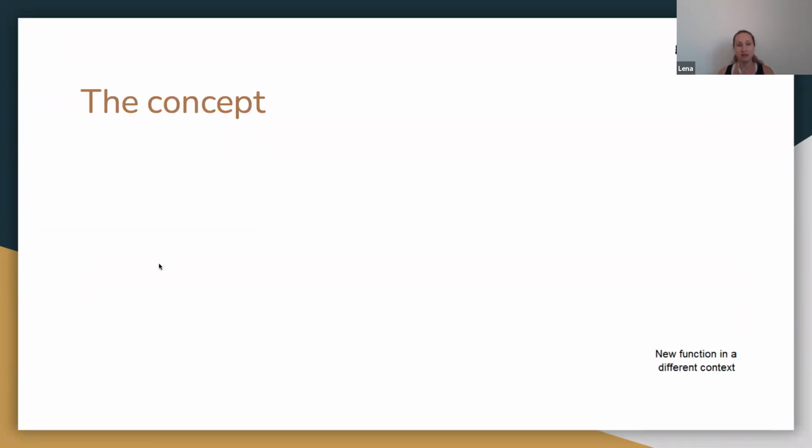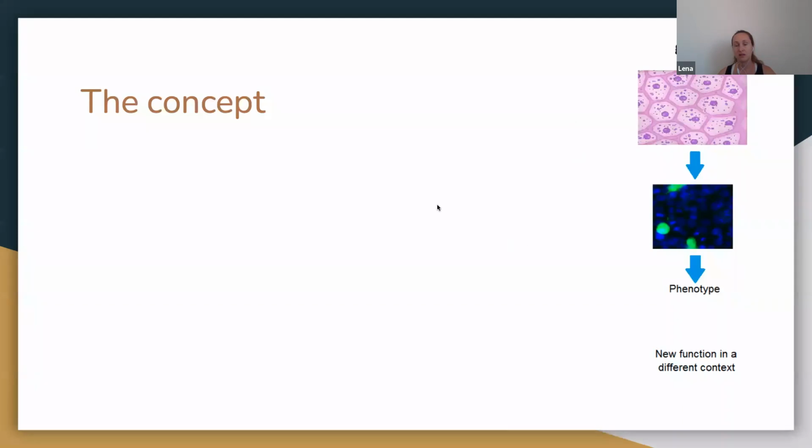So now I'll present the main idea, which is the novelty in this paper. We have the gene after perturbation in its new context, and we would like to find its new function within this context, the new tissue. So first, we take the cells which express this gene from that tissue. We stain them and extract the phenotype.